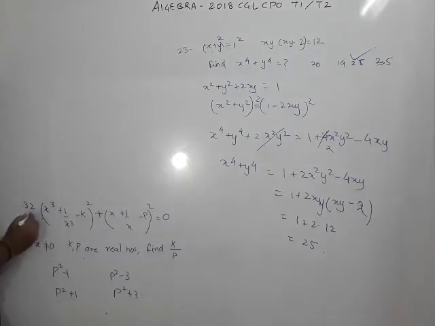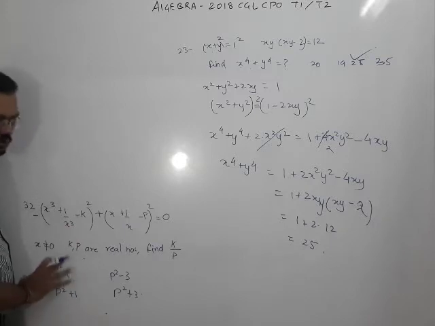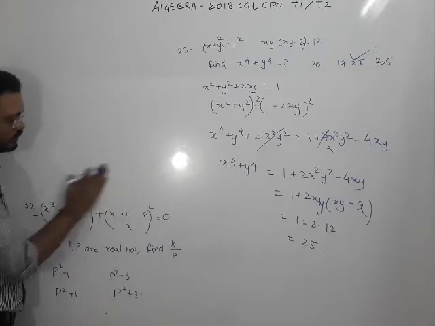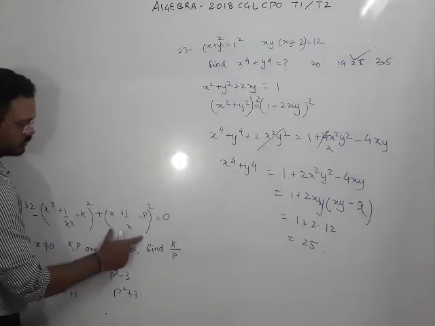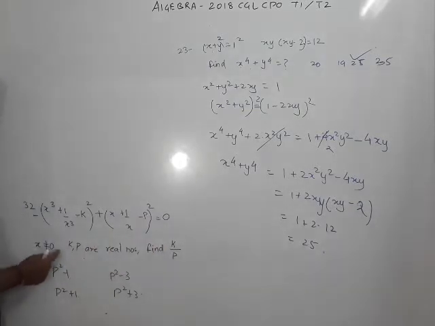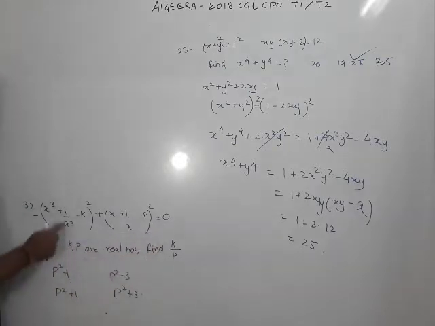Okay, question number 32. This was given. This was also left by almost everyone who had not practiced new types. Again the same formula. This equation is given, x and p are real numbers, we have to find k by p.